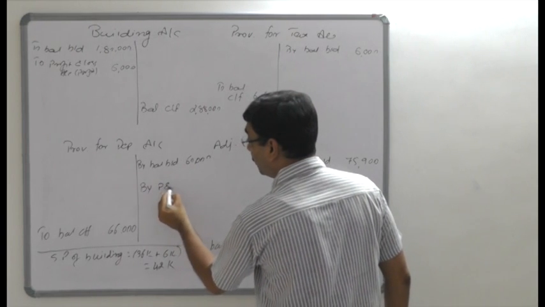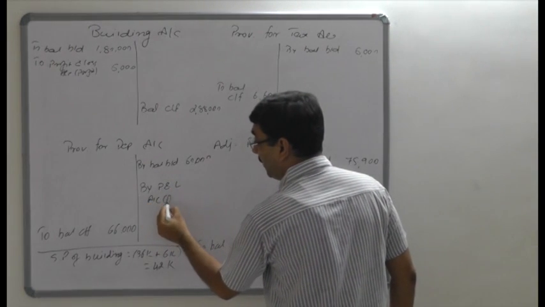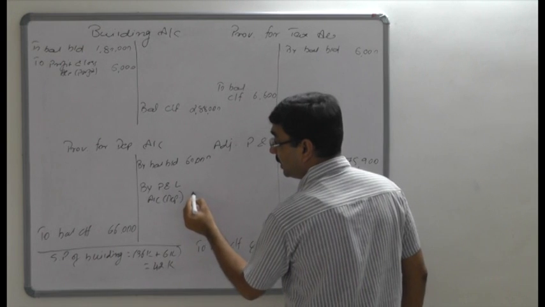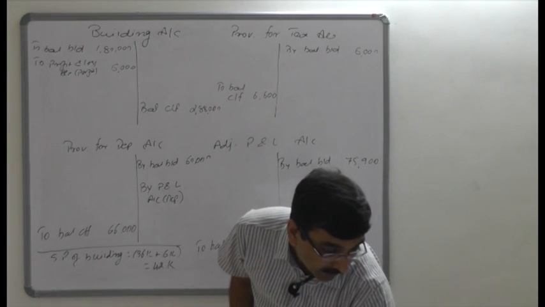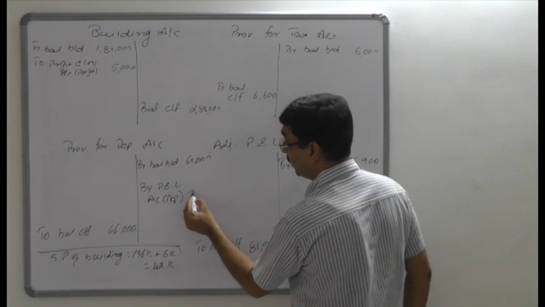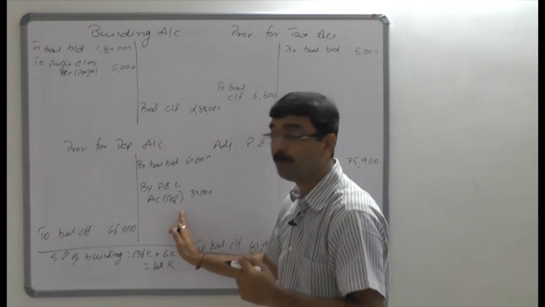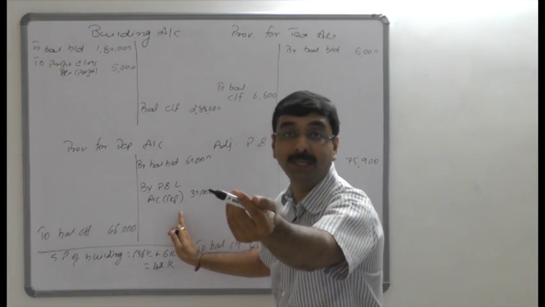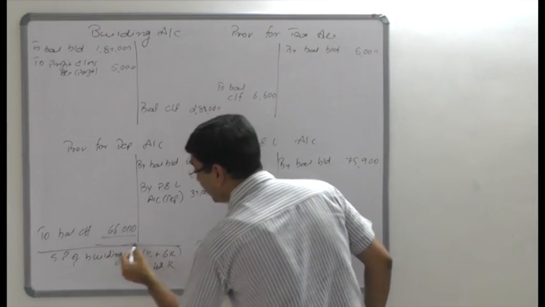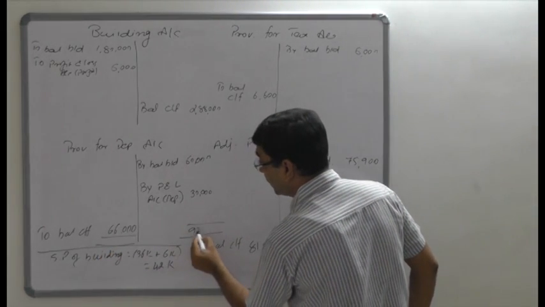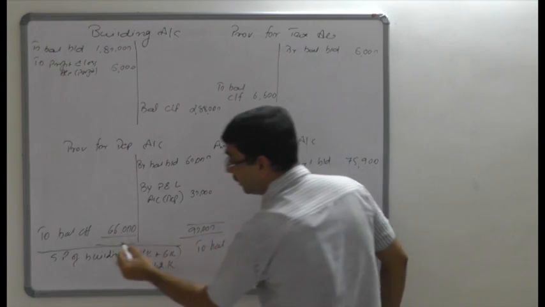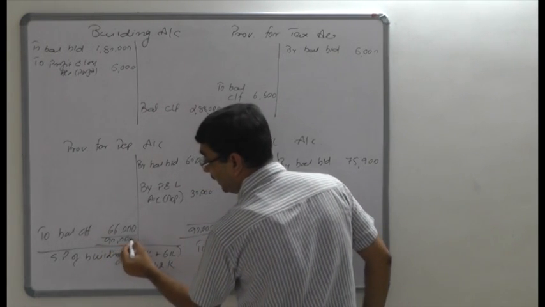So by P&L account, depreciation, how much is it? It is 30,000. So 30,000 rupees depreciation would be transferred from provision for depreciation to the P&L account. Now close this provision for depreciation account and find out the balance. 90,000 here, 90,000 here.